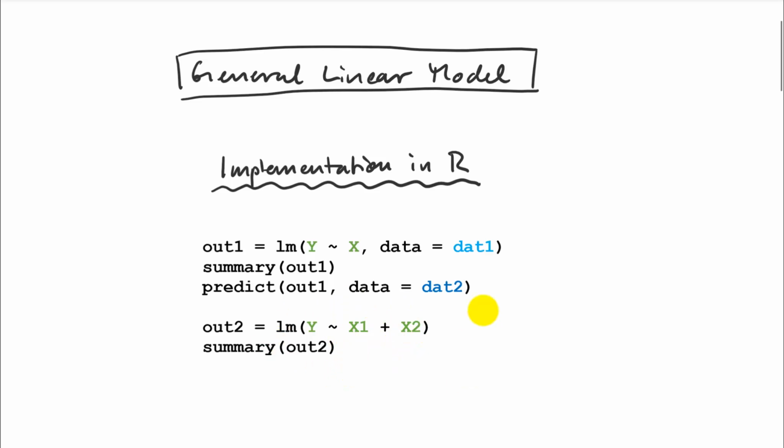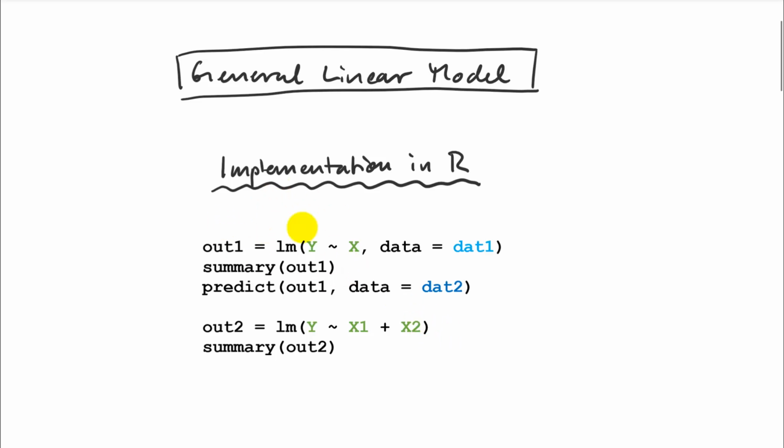So in a multiple regression equation, those predictor variables are added with a plus sign. You can put a multiplier there. So what happens then is that x1 times x2 is added as another predictor variable to your equation. But normally this is the way you do multiple regressions.